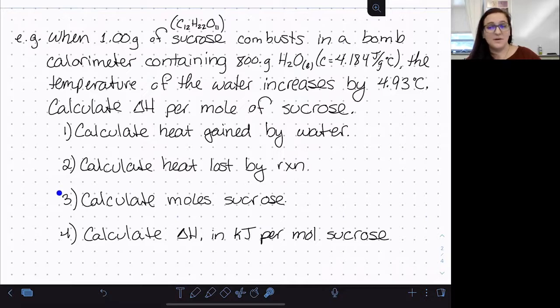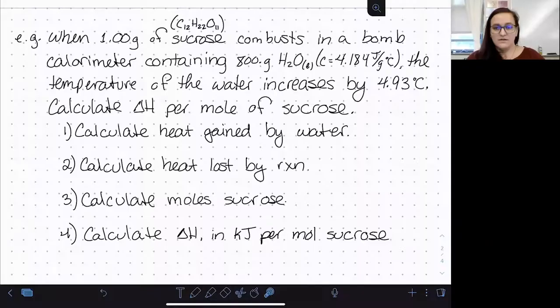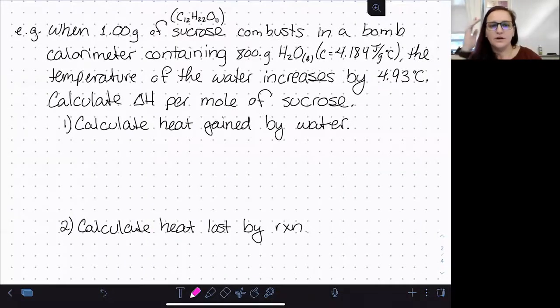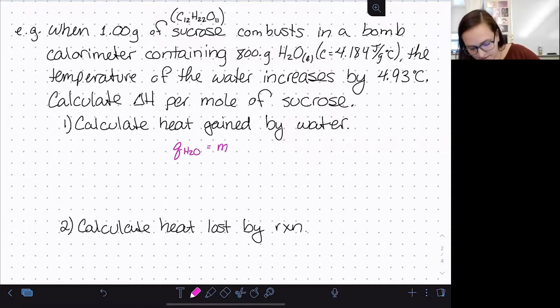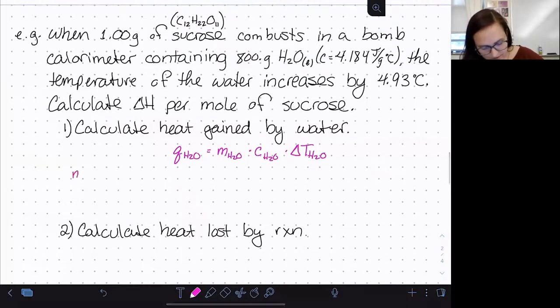To get delta H, we need to know how many moles of sucrose, so we can use the mass and the molar mass to find that, and then calculate delta H. So if we start with calculating the amount of heat that was transferred into the water by this reaction, the heat transfer of the water is going to be equal to the mass of the water times the specific heat of the water times the temperature change of the water. So we need to identify those three things.